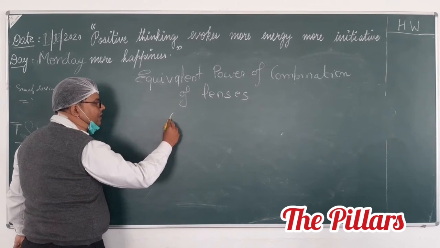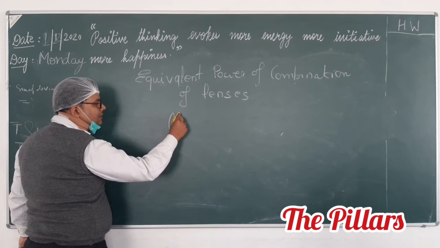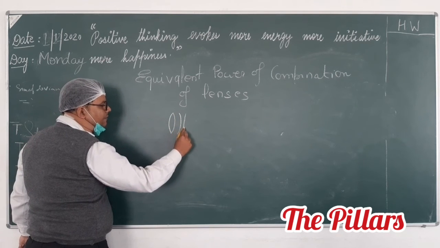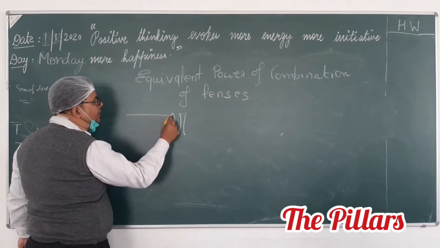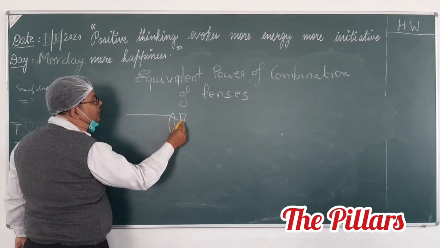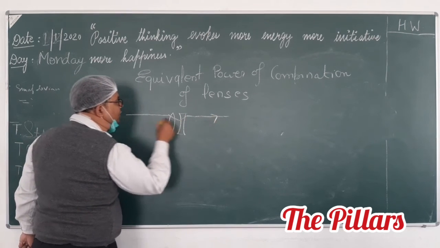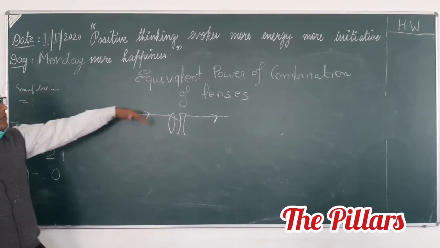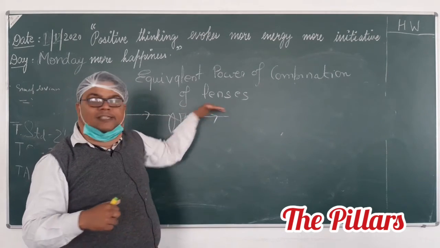Suppose we have one convex lens and then a concave lens of the same power. Suppose light is coming, it will converge and then diverge. When it comes out, it will be along the same path.